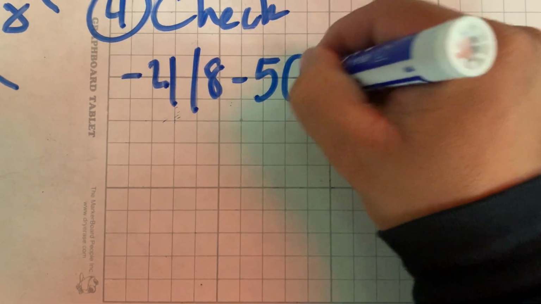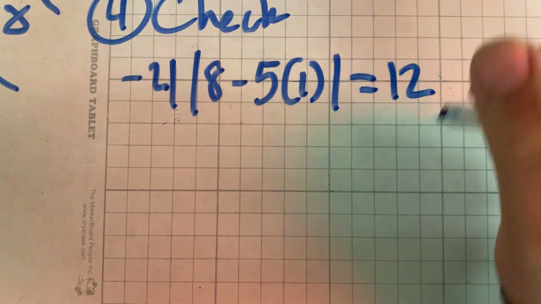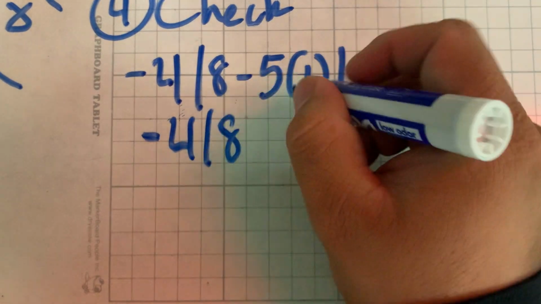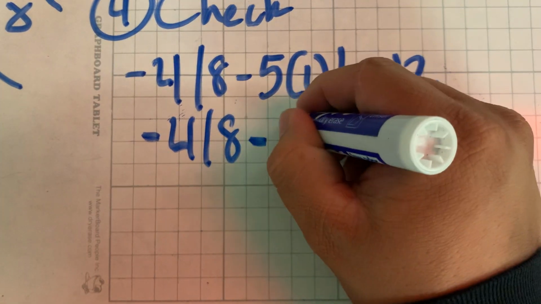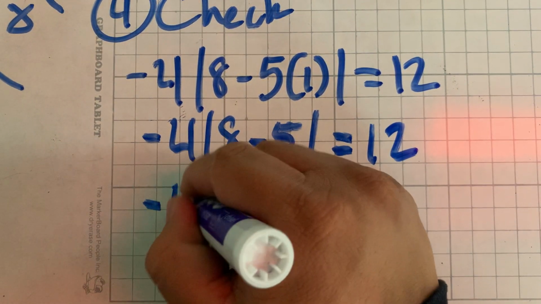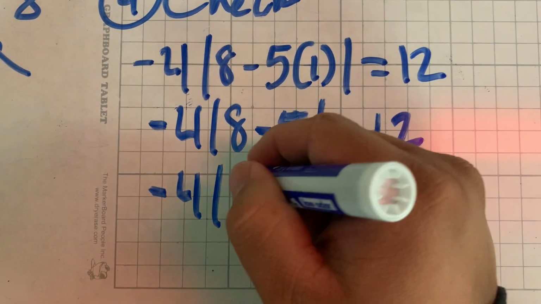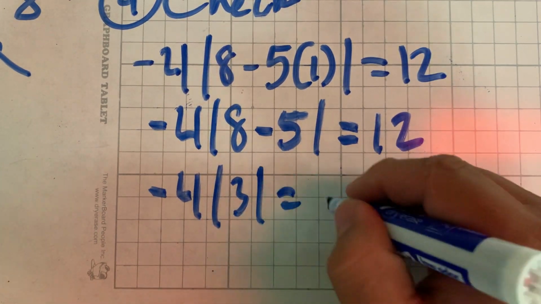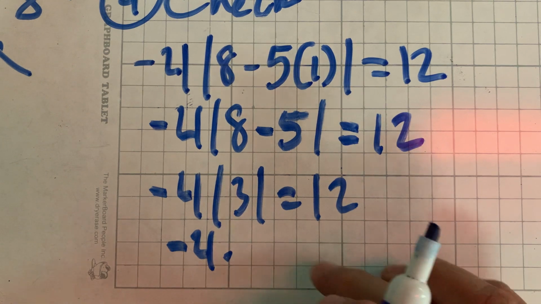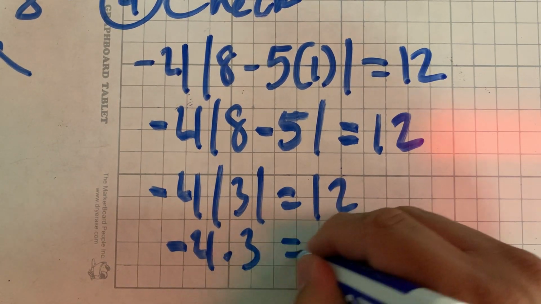I'm replacing n with 1 now. The negative 5 times 1 is a negative 5 still. 8 minus 5 is 3. Again, it's negative 4 times the absolute value of 3. And the absolute value of 3 is 3.